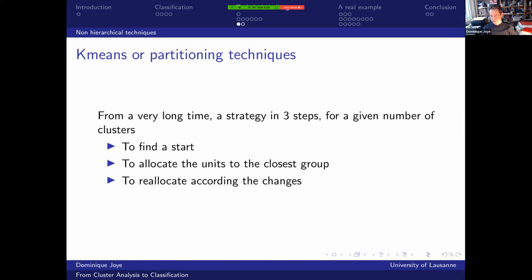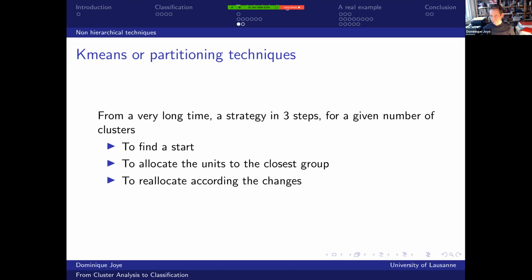So I need to have this first configuration in one way or another. Then there's another step which can be repeated, where I take the other points or the data that I have, I compute the distance to these centers, and I allocate my unit to the nearest one.